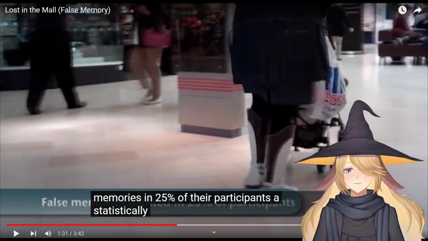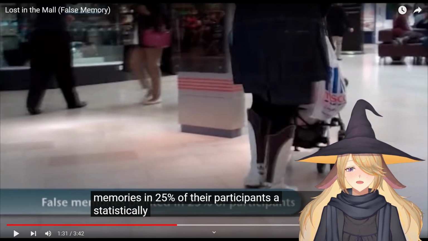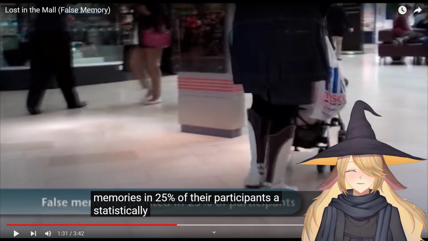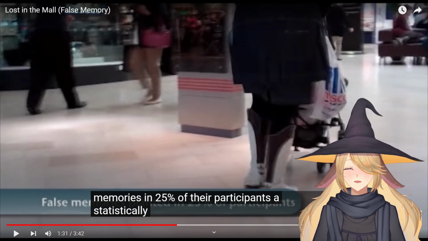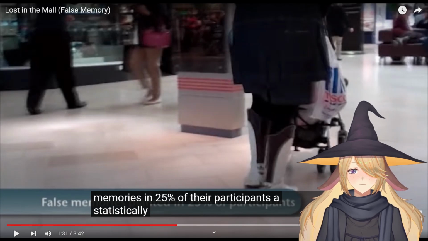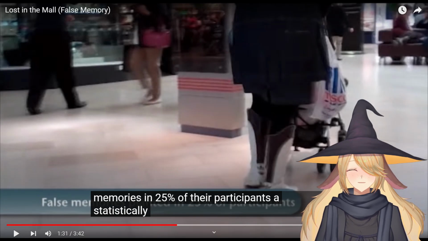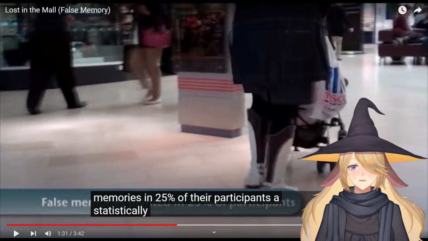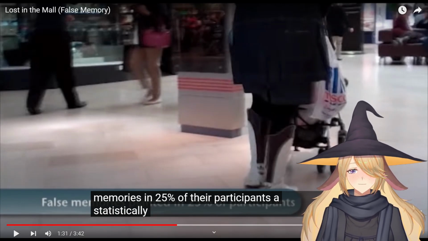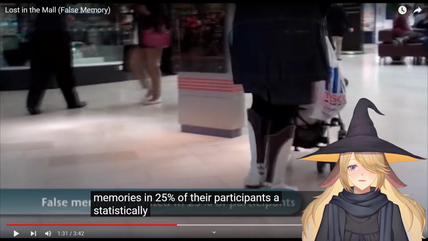The galvanizing incident of why they did this study was built around the Satanic Panic of the 1970s and 80s, where there was a wave of accusations of children and people feeling like they had been victimized, coming to very vivid recollection that they had been victimized by satanic ritual sexual abuse, sometimes by friends, by neighbors, by teachers, and there was a rash of accusations that ran across the country and seems to be kicking back up again via QAnon.